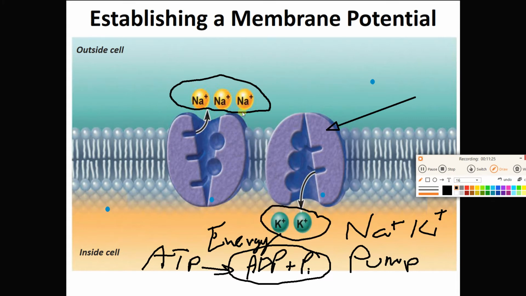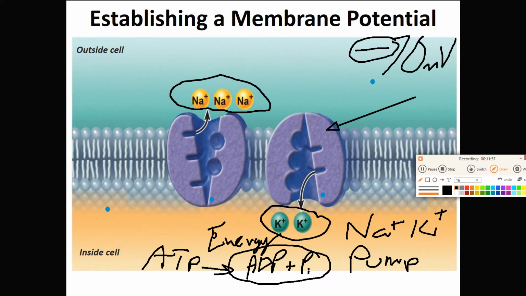Check out the electrical imbalance here. I got 3 pluses going out for every 2 pluses going in. So every time this happens, and this protein is always working, we get a little more negative on the inside. And we just said the membrane potential has a value of negative 70 millivolts, where that negative referred to the fact that the inside was more negative than the outside.